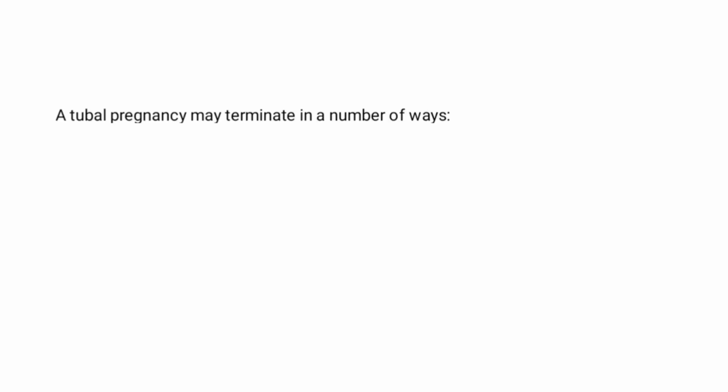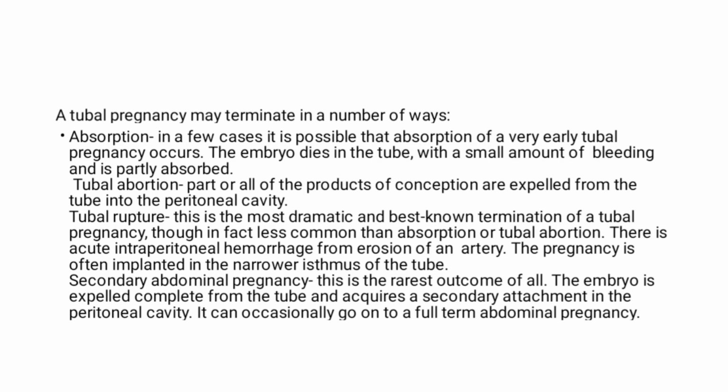Then a tubal pregnancy can terminate in a number of ways. It can terminate in absorption, where in a few cases absorption of a very early tubal pregnancy occurs. The embryo dies in the tube with a small amount of bleeding and is partly absorbed.